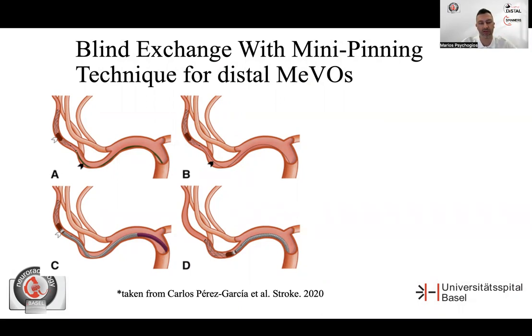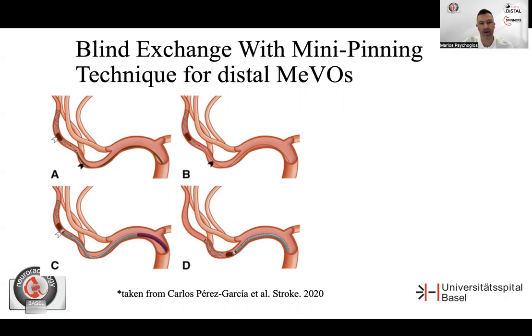And I think it's important to have also dedicated materials for those occlusions. Of course, right now we use the 3MAX. But I think we can learn from LVO treatment and also from the experience that we have for DVOs, and produce better materials dedicated for MeVOs and for DVOs. Okay, back to the paper.